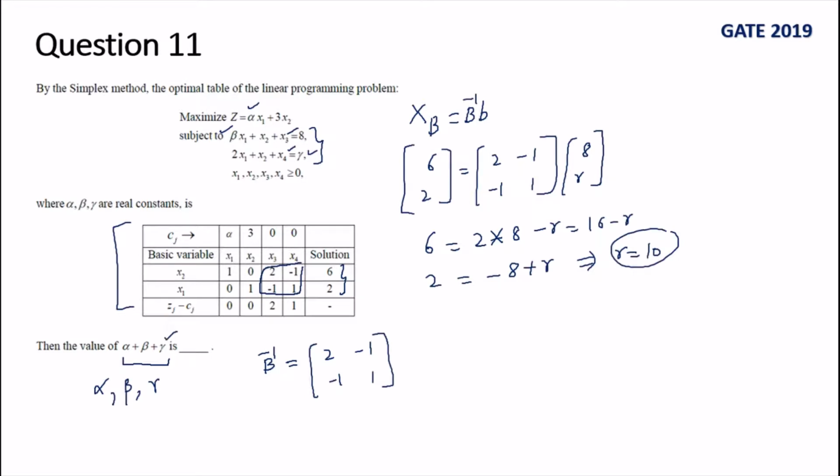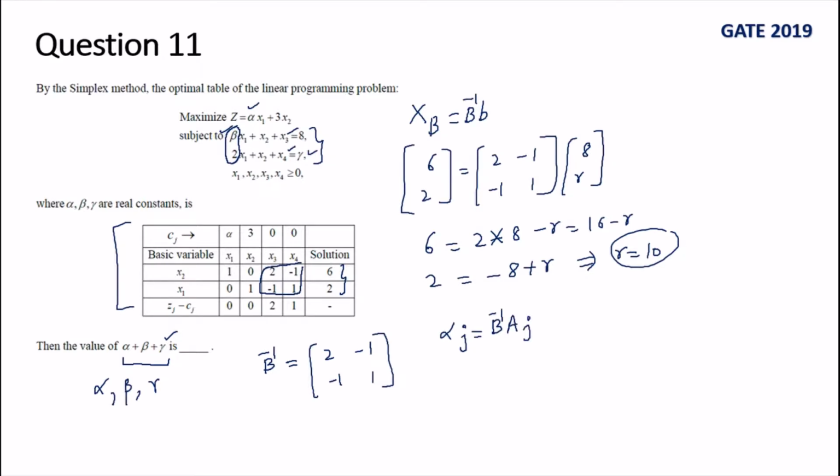Now we need to find alpha and beta. You see where beta is coming: beta is the coefficient in the column vector of variable x1. There is a relationship that the column vector of any variable in any table is B inverse times the original column vector.